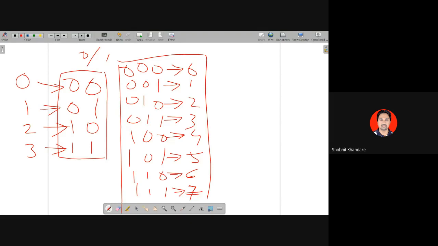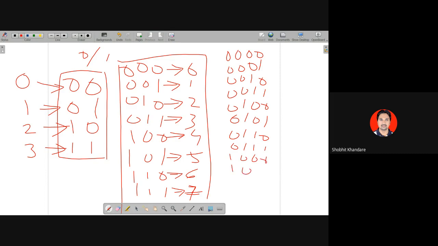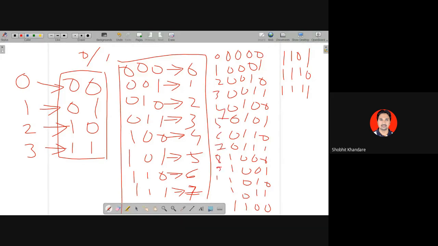Again, if I go with the 4-bit representation, see here: 0000, 0001, 0010, 0011, 0100, 0101, 0110, 0111, 1000, 1001, 1010, 1011, 1100, 1101, 1110, 1111. So this is a 4-bit representation. This is 0, then 1, 2, 3, 4, 5, 6, 7, 8, 9, 10, 11.